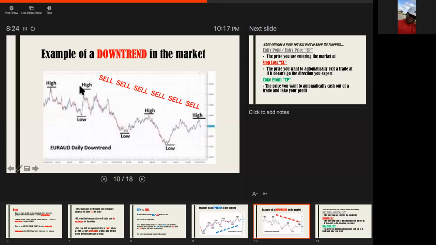Lower high than this one, lower low than this one. So it's safe for us to look at this and ask, are we still in a downtrend? Yes, because we can see this pattern still being followed. So after this high, what are we looking for down here? Another low.